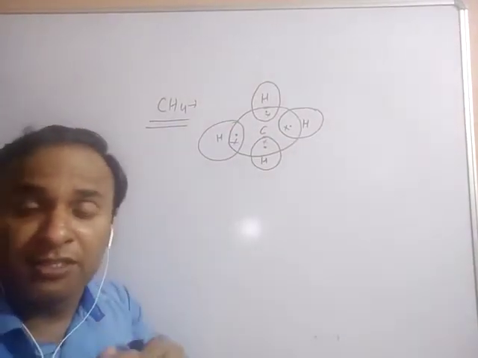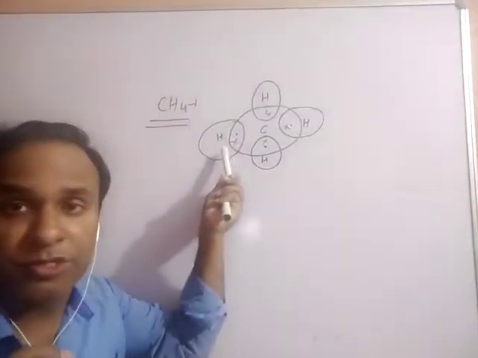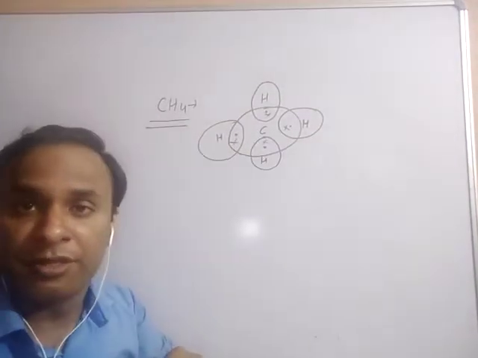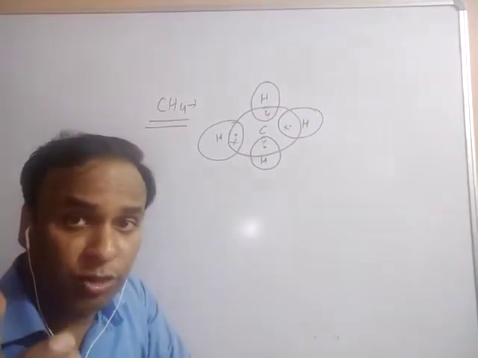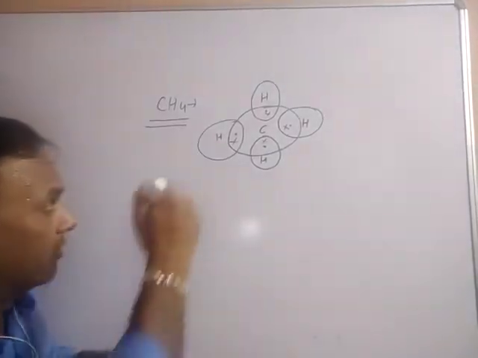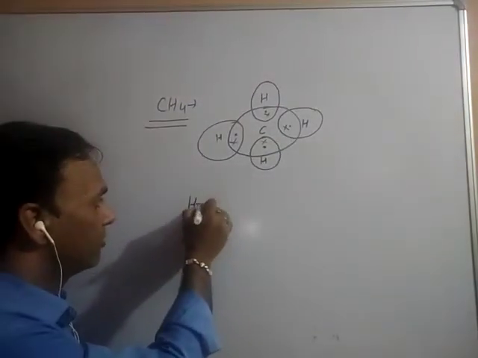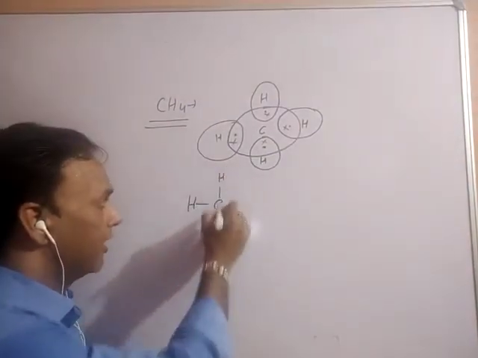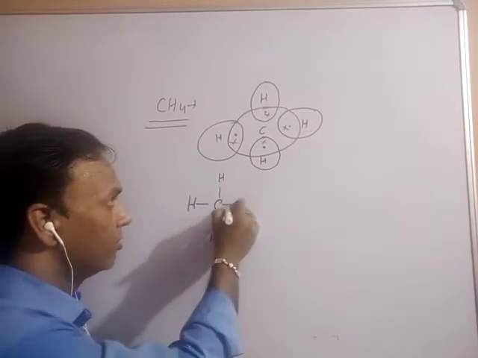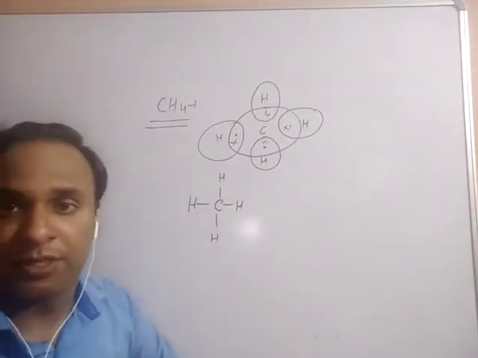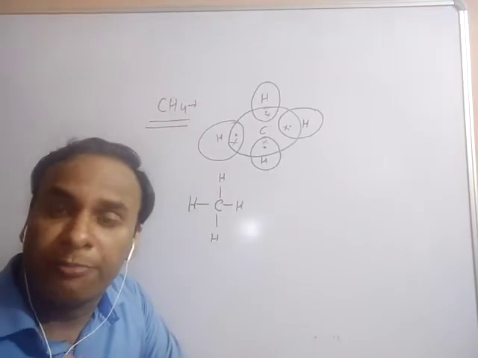Clear? That means each hydrogen and carbon share only 2 electrons, forming a single covalent bond. Meaning hydrogen, carbon, hydrogen and hydrogen. Clear? This is the bonding of methane.